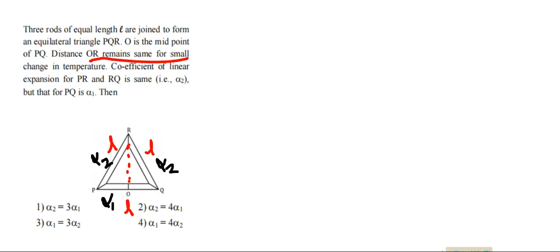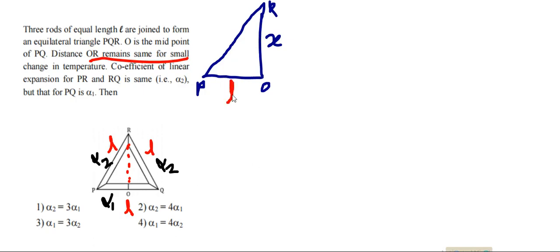From this triangle, this is R, this is O, and this is P. From this triangle you can understand that this length is going to remain constant always, even when the temperature changes. This length is L by 2, half of the total length.